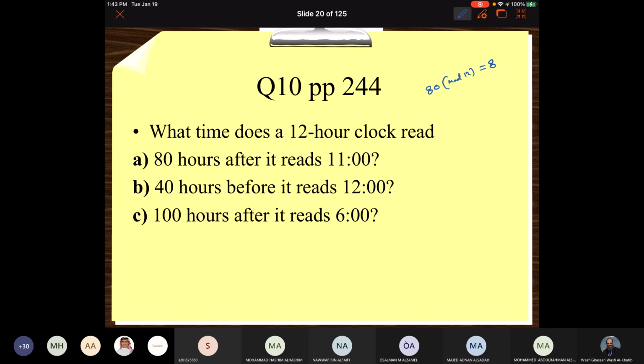So basically 11 plus 8 is 19. 19 minus 12 is 7. So this is basically 7 p.m. Okay.